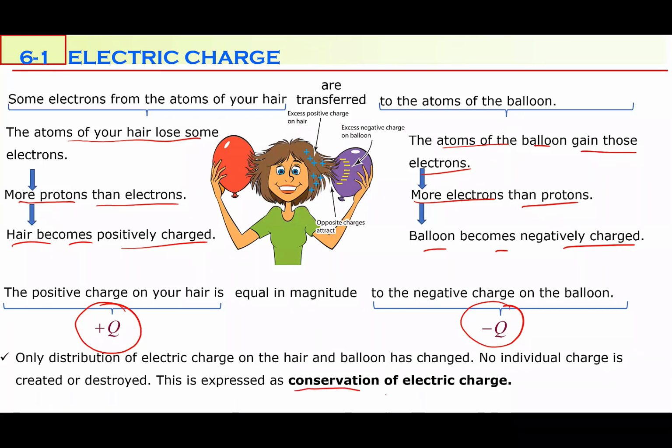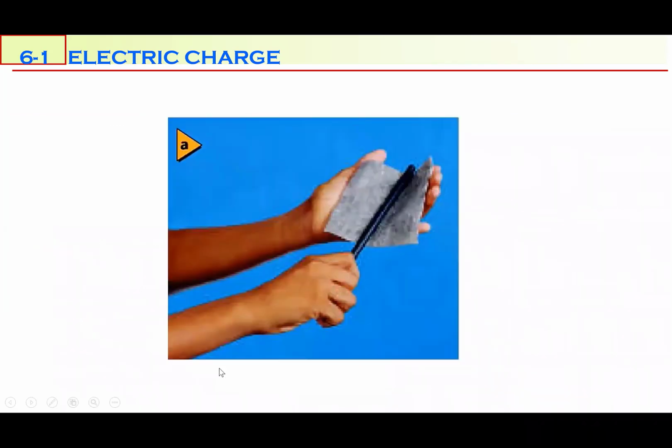This rule is known as conservation of electric charge. In fact, you learned what conservation means when we talked about conservation of angular momentum in Chapter 1, Chapter 2, Section 3, and also conservation of mechanical energy. This is another conservation law, conservation of electric charge.